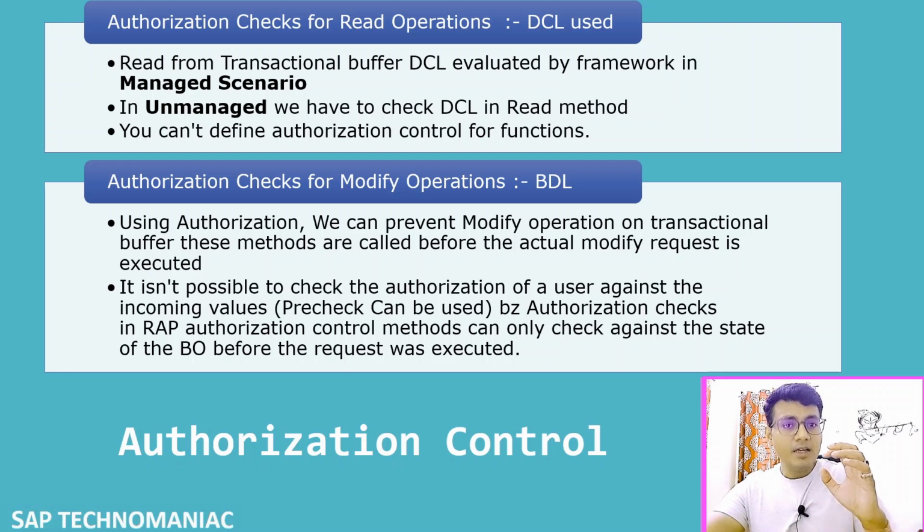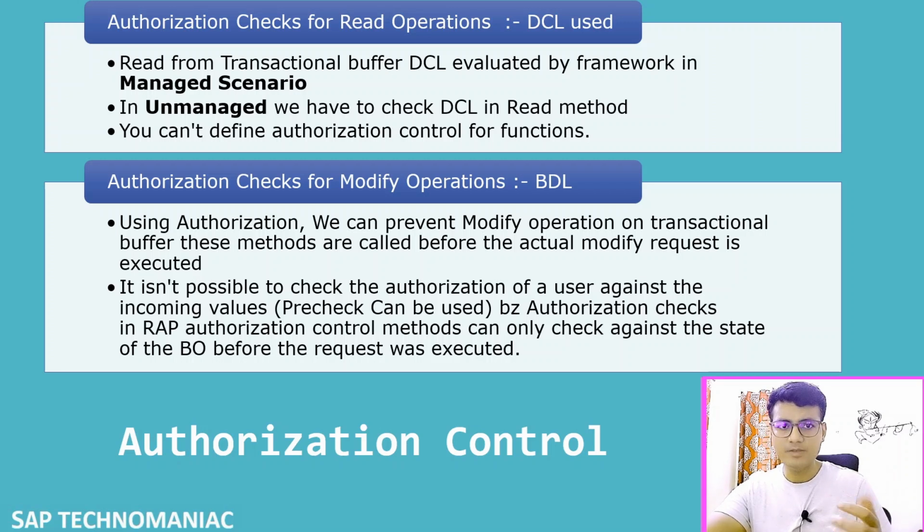But the reading part is not only from the database, we also read from the transactional buffer. There are two things here. First, we read the data from the database, and second, we read the data from the transactional buffer, meaning from the application server where we have intermediately saved the data.